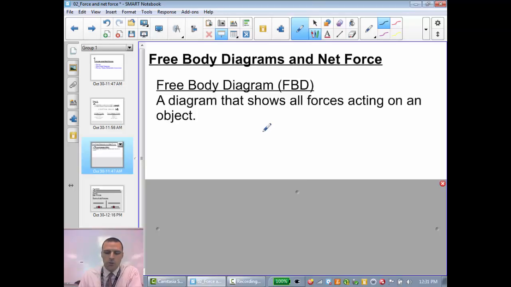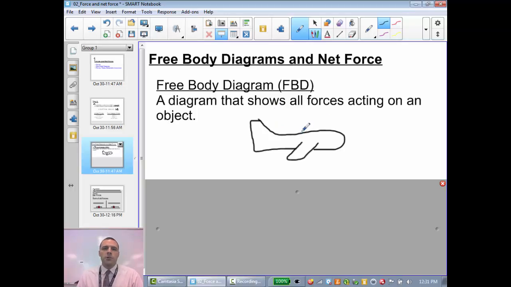So just to show you a free body diagram, if I take a plane, see if I can draw a plane here, and I look at the forces that act on a plane when it's in flight. There's actually 4 forces that act on a plane when it's in flight. And to draw a free body diagram, we usually draw a dot right in the center of the object, and we draw the forces coming from that dot.